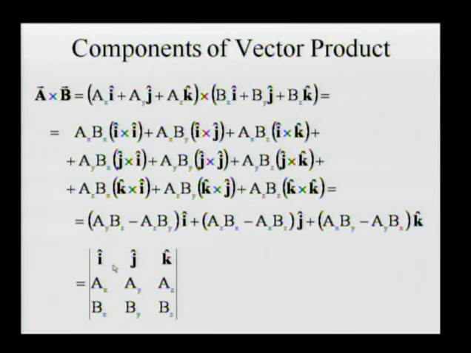In the first row, you need to put the base vectors in this particular order, i, j, and k. The second row of that matrix should be scalar components of the first vector, and the last should be scalar components of the second vector.